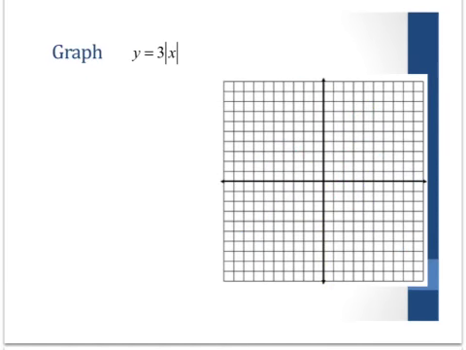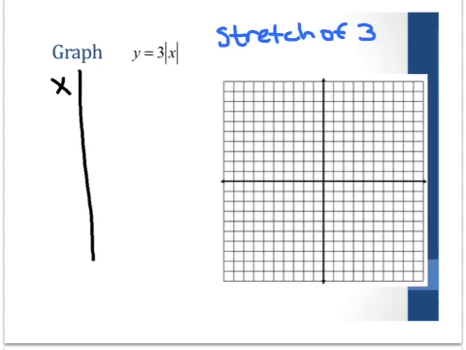Y equals 3 times the absolute value of x. This 3 here is telling me that I have a stretch of 3, or by a factor of 3. So I'm actually going to have to make a table of values for this one. I can't just do horizontal or vertical transformations.